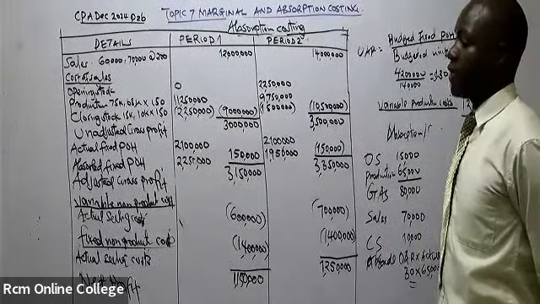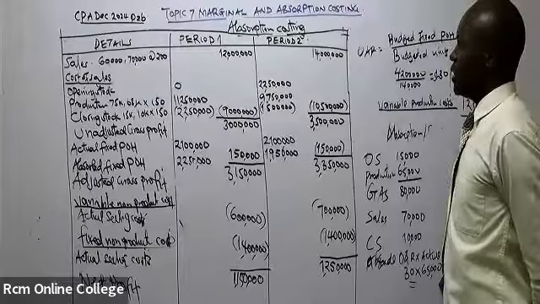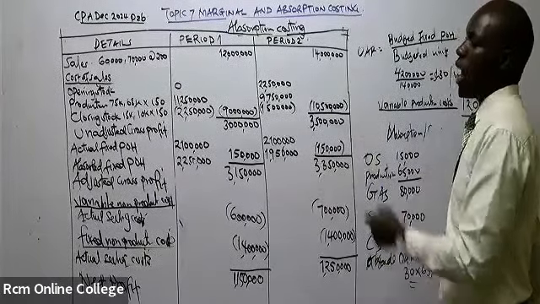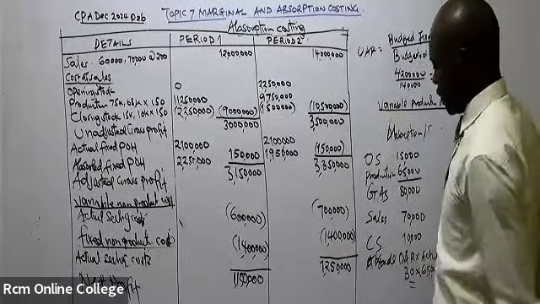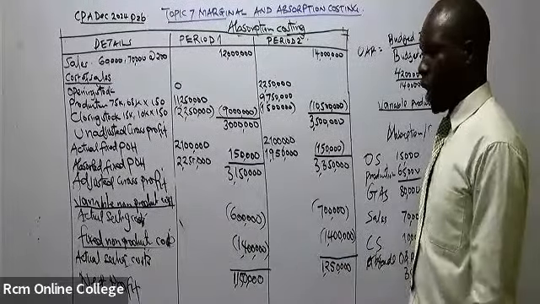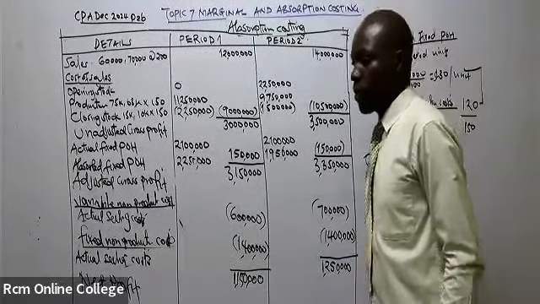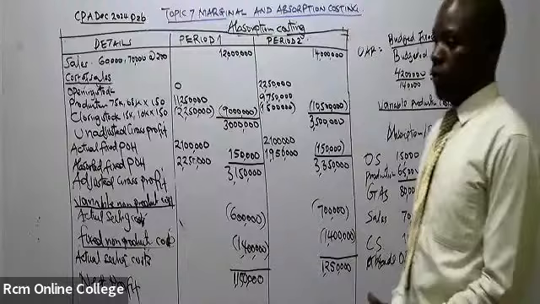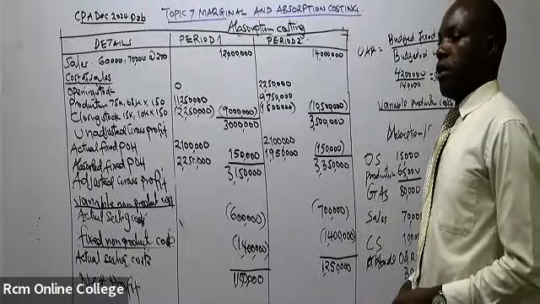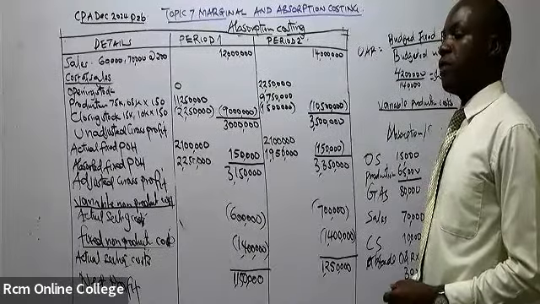Just for us to be able to connect the two, the next thing is, can you explain to us why we have the difference? What was your net profit for period 2 under marginal costing? You are getting 1,400,000.